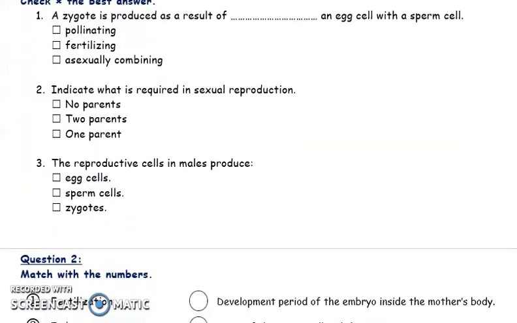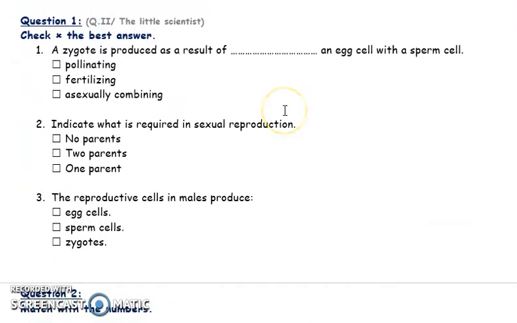Question number 1, it's a question found in your book. Check the best answer. A zygote is produced as a result of an egg cell with a sperm cell. So, an egg cell must combine with a sperm cell.